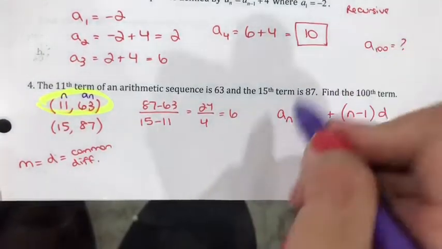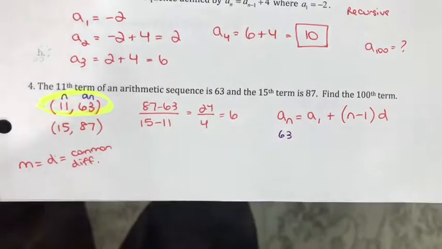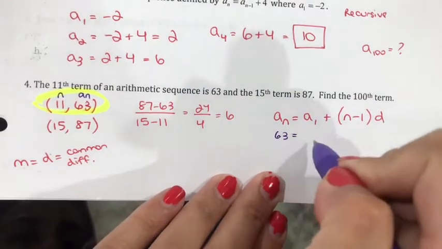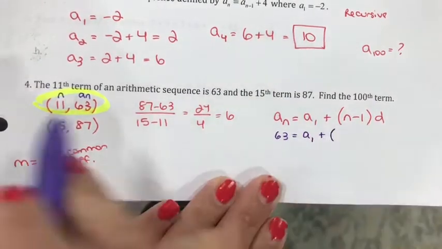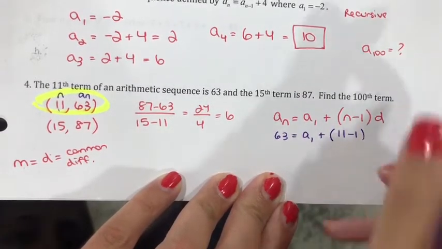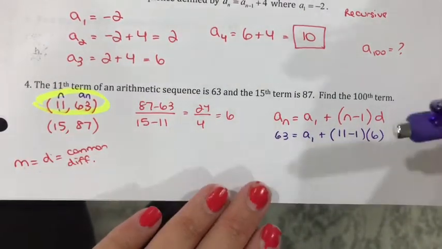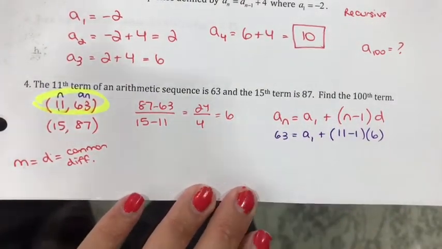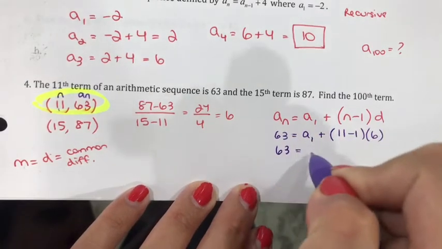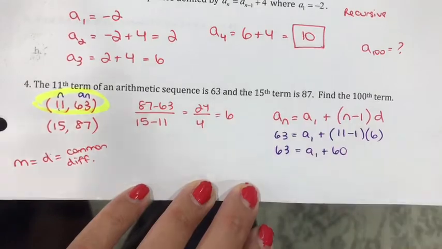So for example, if I put 63 in for a sub n, I'm going to put 11 in for n. Common difference is 6. And now I can solve for the first term. Let's see, we've got 10 times 6, which is 60.